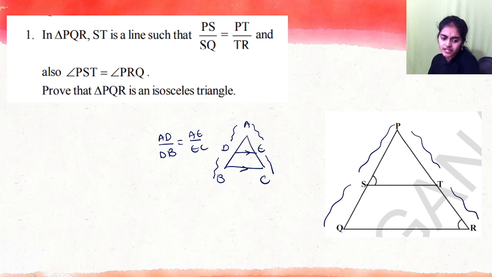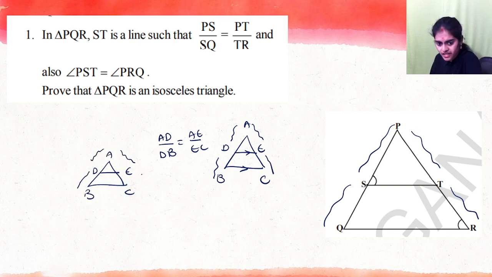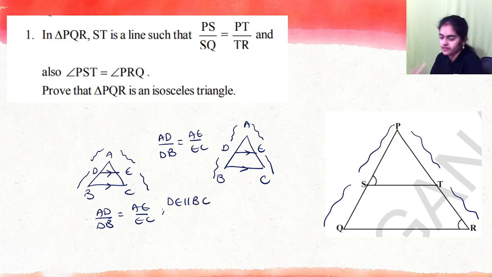So this is nothing but the converse of BPT. In converse of BPT, see if there is a line DE and this is ABC. If AD by DB is equals to AE by EC, then you can say these two lines are parallel. Then you can say DE is parallel to BC.